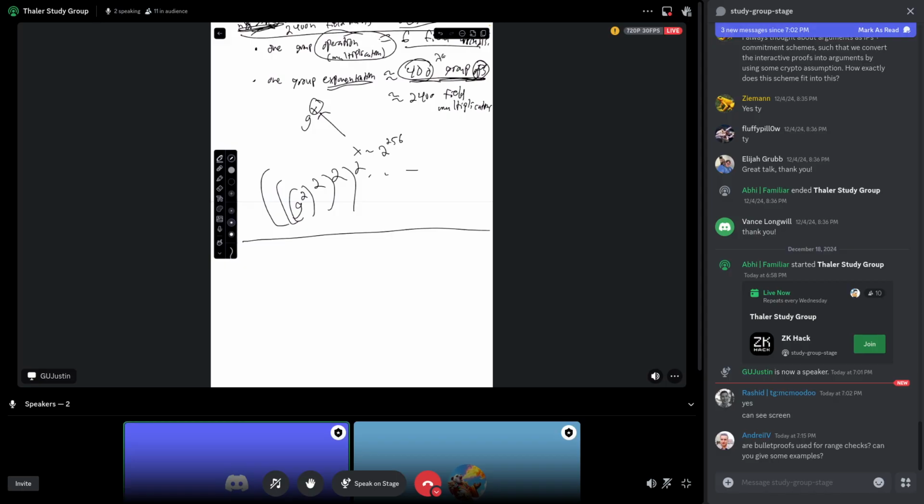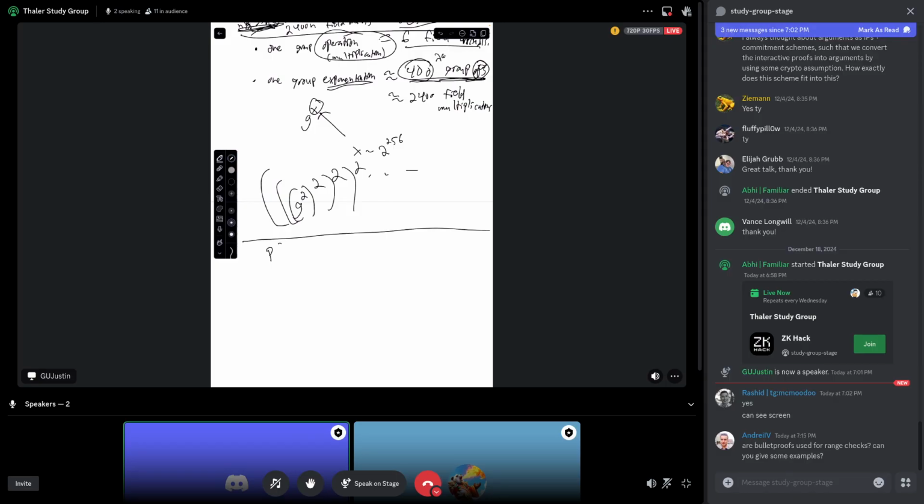Okay, so then let's dive into how Bulletproofs works. But again, it applies directly to multilinear polynomials as well. In fact, it's a general inner product argument, which generalizes all kinds of polynomial evaluation queries.